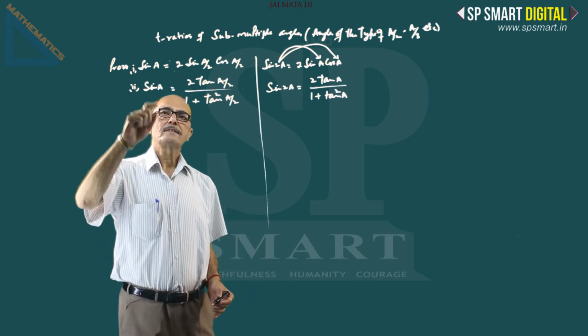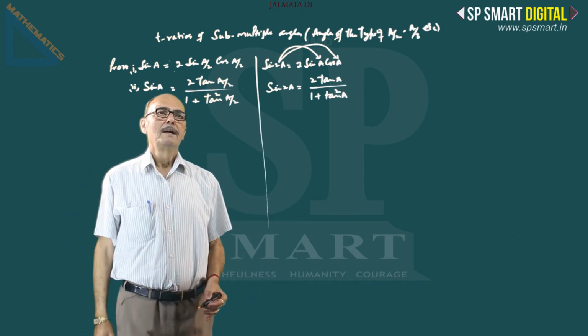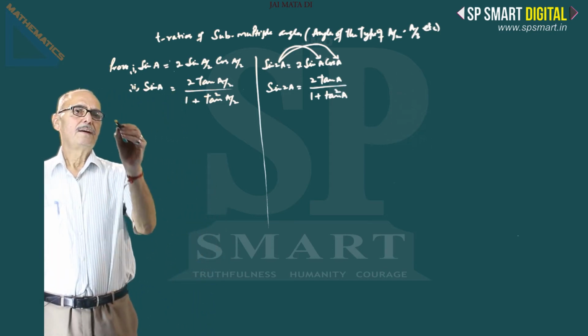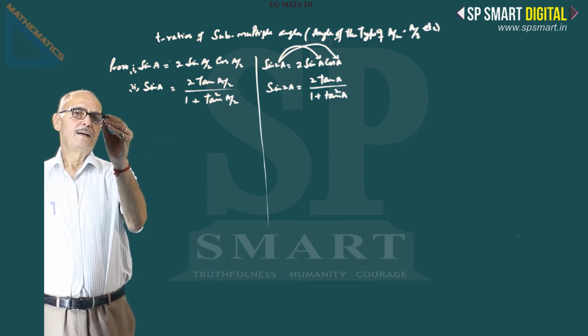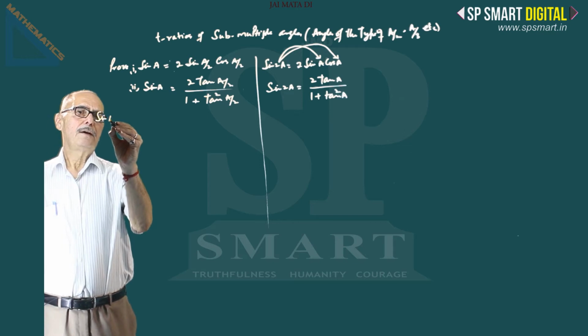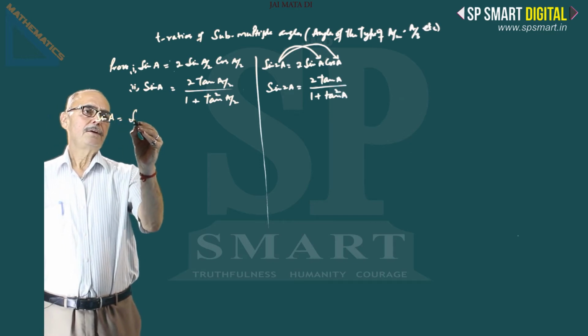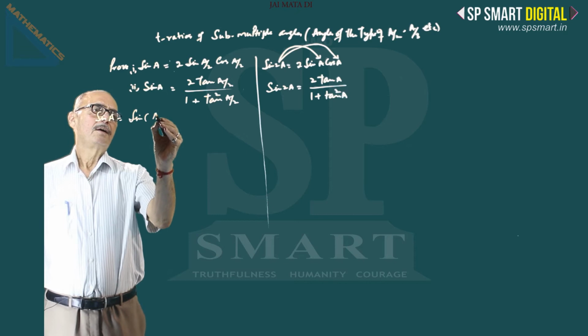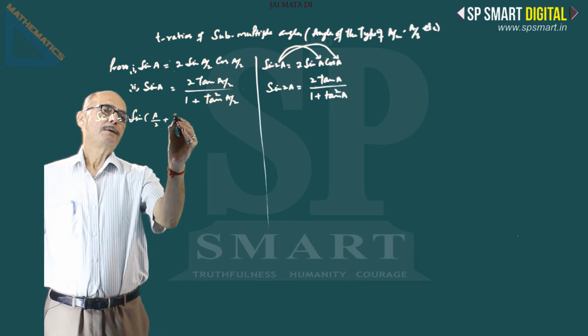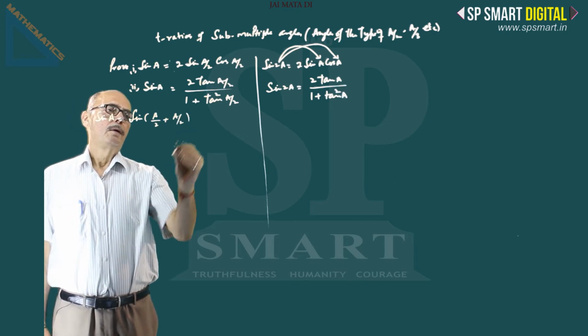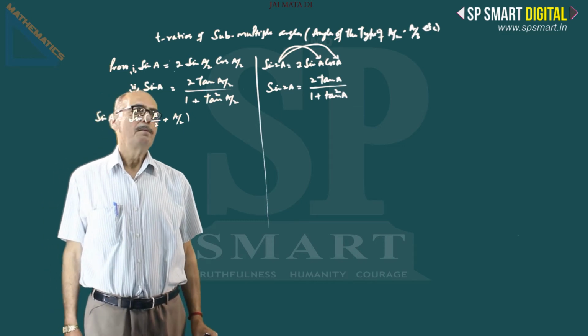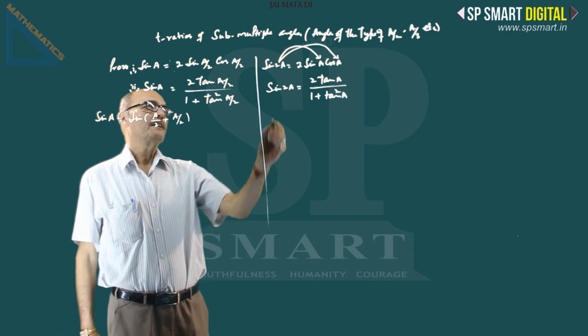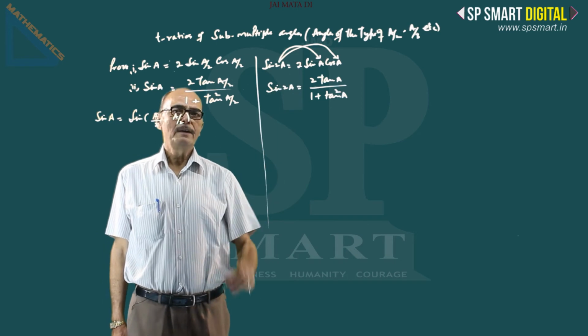For proving this result, we proceed in the same way as sine of A can be written as sine of A by 2 plus A by 2. If you remember, we did the same in case of sine of 2A.